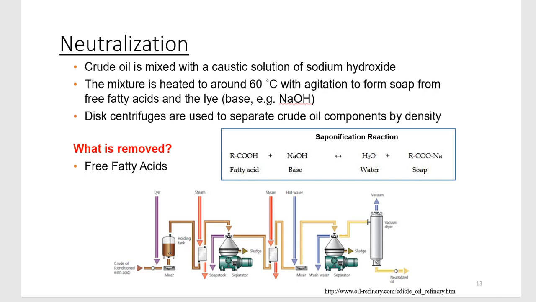The next step is neutralization. Free fatty acids are removed in neutralization from crude oils because they can cause off flavors, decrease smoke point, accelerate lipid oxidation, and cause foaming. Smoke point: we said the presence of free fatty acids decreases the smoke point of the oil.